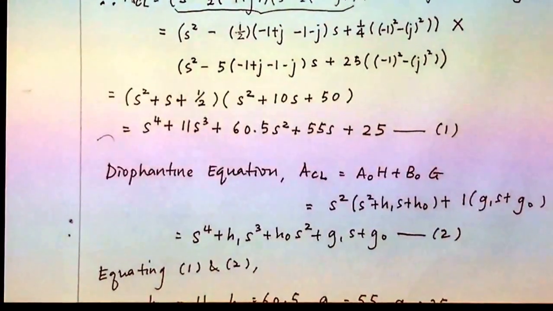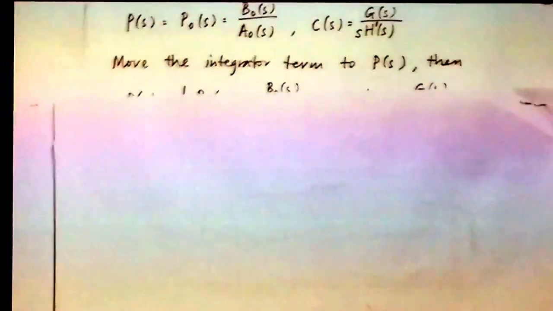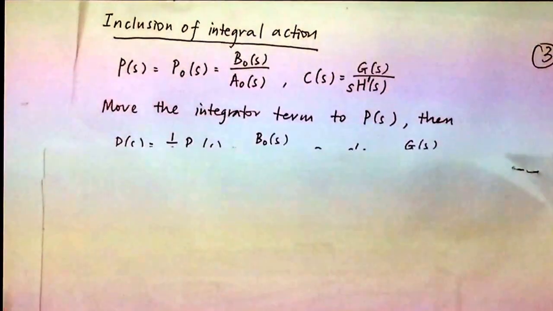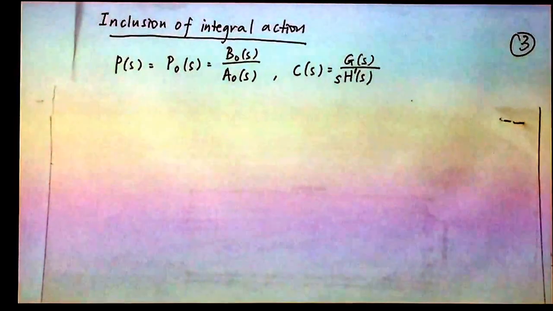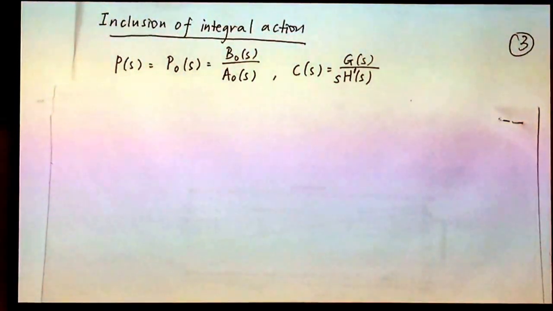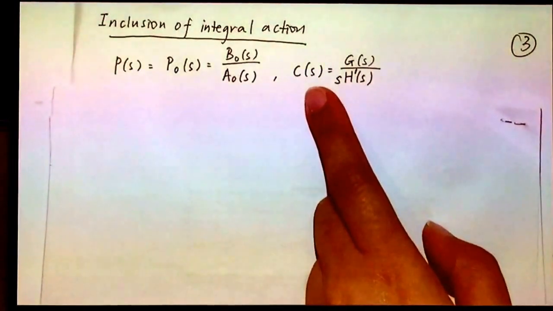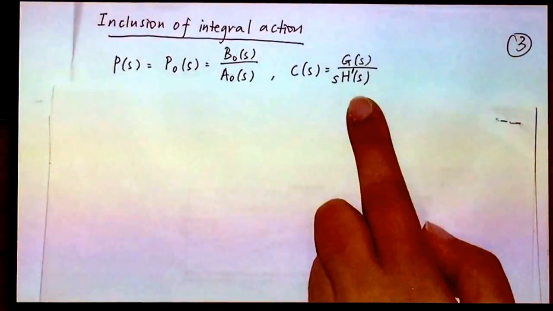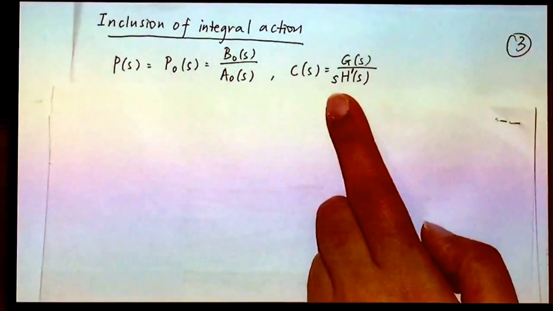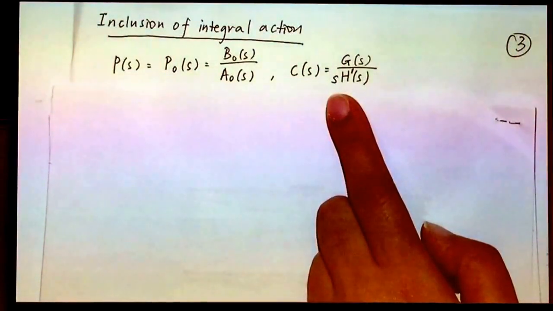What about integral action? Okay, so if you want to include integral action, basically it means that for a controller C(s), your denominator, you can draw a pure integrator out of the denominator.